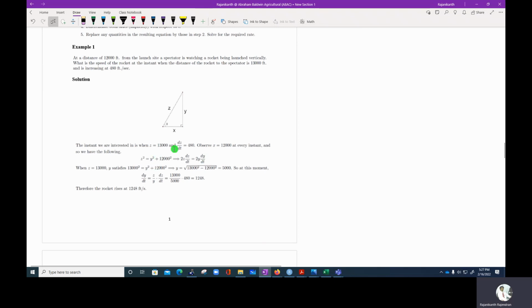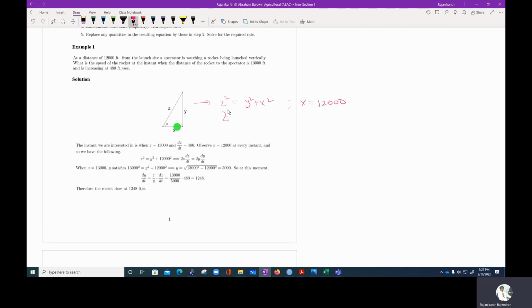Okay, so simply use the Pythagoras relationship here. z squared is equal to y squared plus x squared. Now you know x, the distance between the spectator and the launching place, which is 12,000, given in the problem.